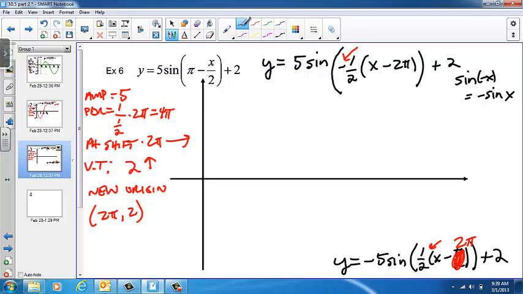We're going to start it here at 2 pi. Since the period is 4 pi, we are going to complete a full cycle here at 6 pi. Quadrantal values then become 4 pi, 3 pi, and 5 pi.